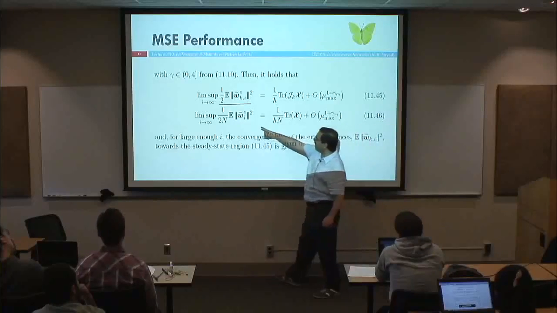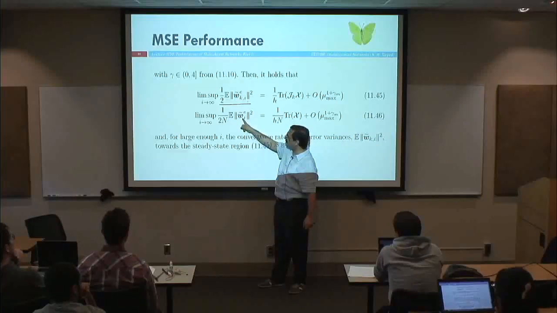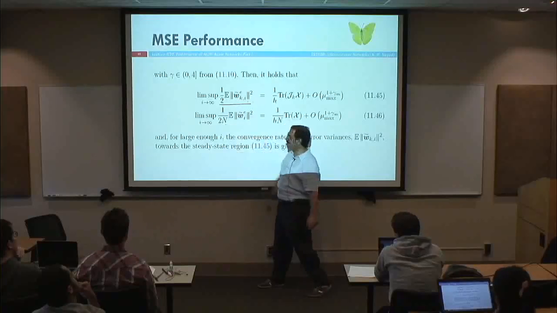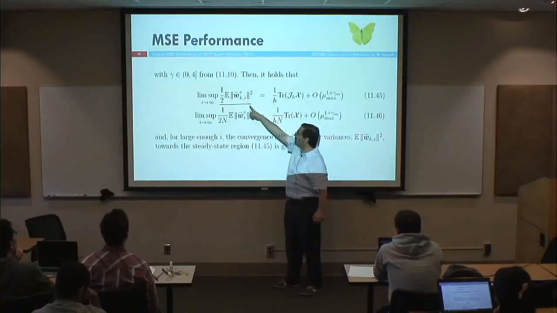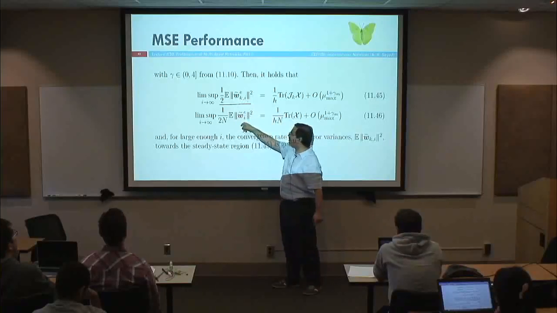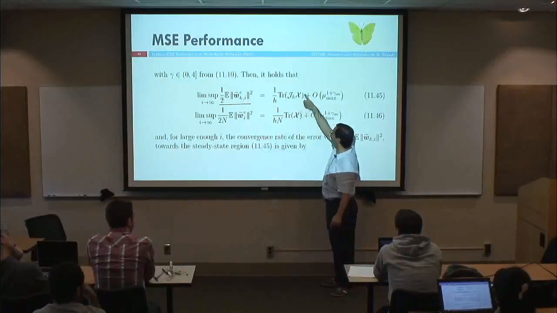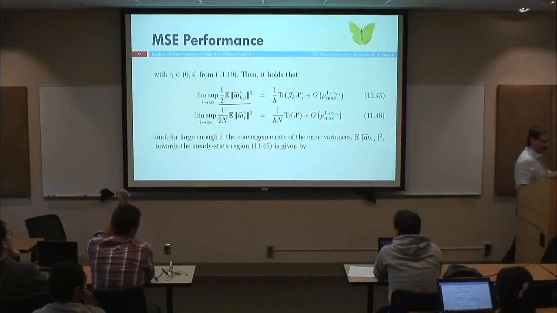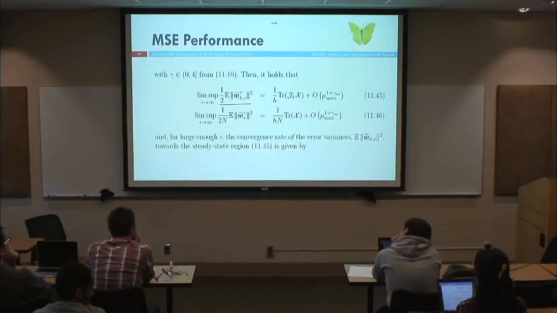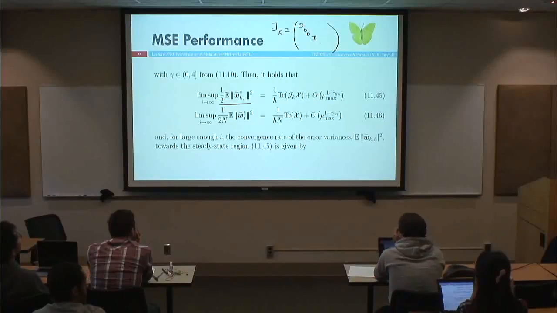Of course, this is the entire network, so you have to divide by n. So this is the MSD for an individual agent, this is the MSD for the entire network. So what's the difference? There is a matrix J here. What is this J? This J is a block diagonal matrix. It will have zeros, I at the location corresponding to the agent.